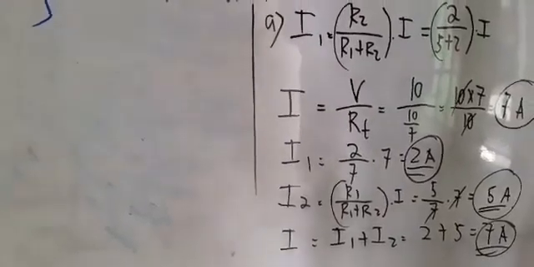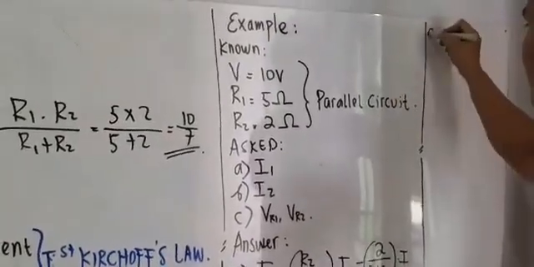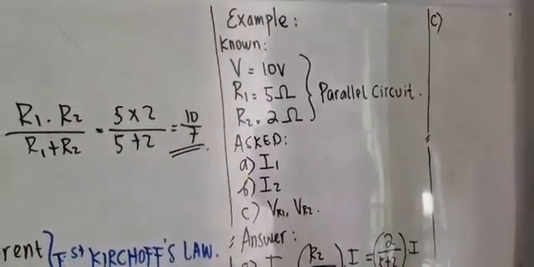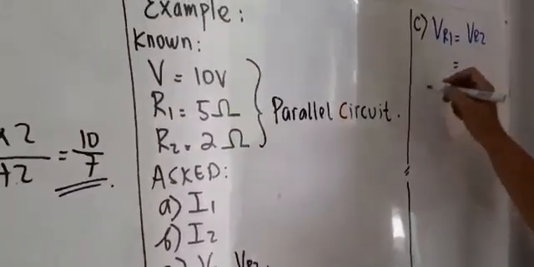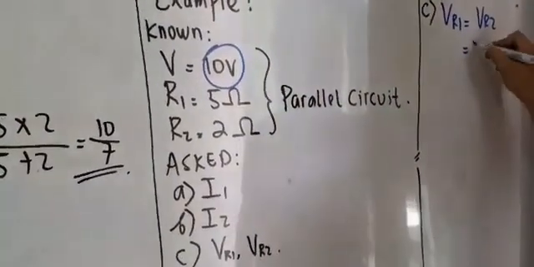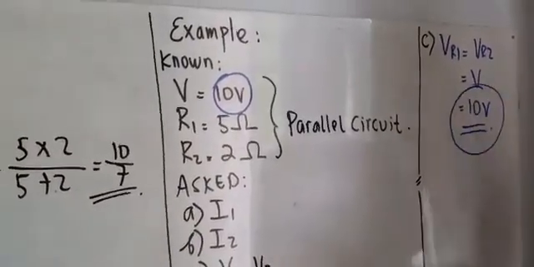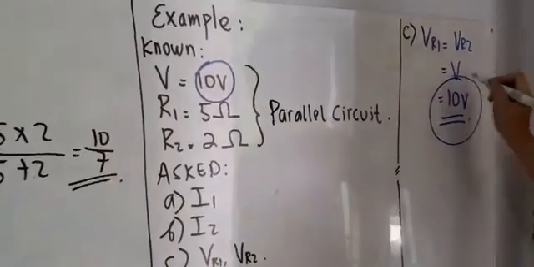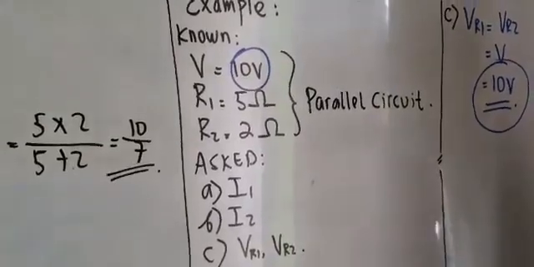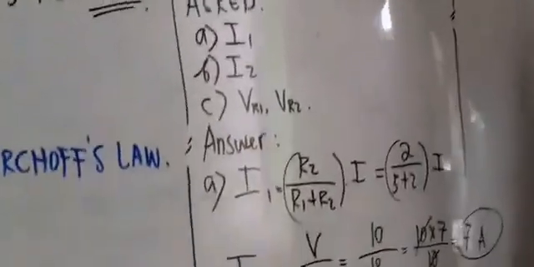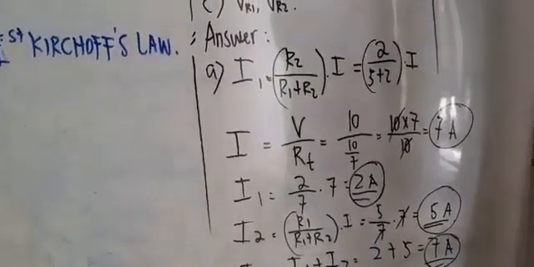So what about this part C? For part C, VR1 is equal to VR2, which is equal to the 10 volt. For the parallel circuit, all the voltages are the same as the main voltage, which is 10 volt, and the current is divided into 2, 3, 4, or more, depending on the branches of the circuit.